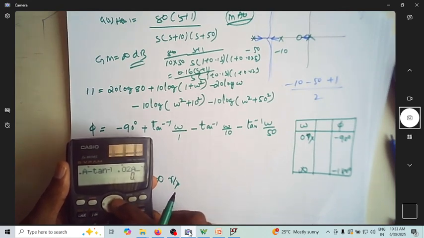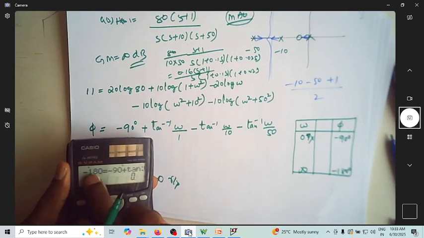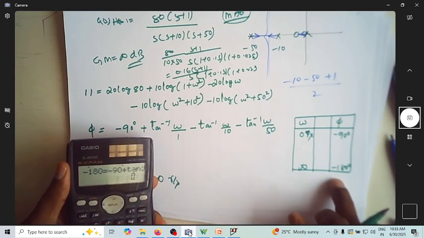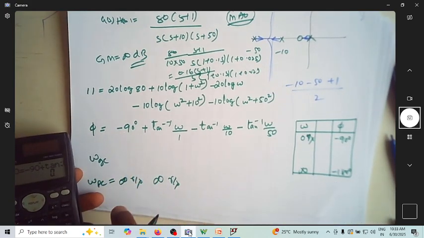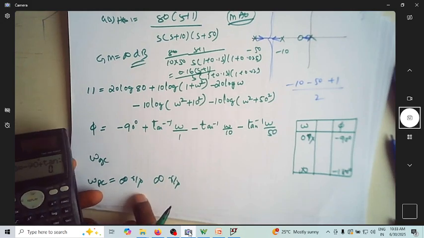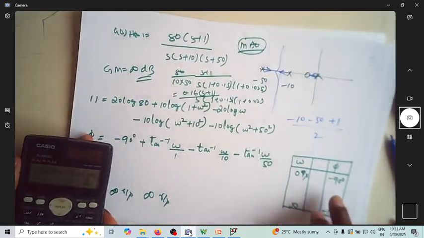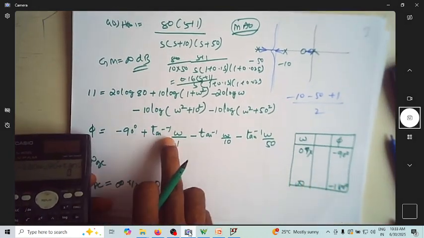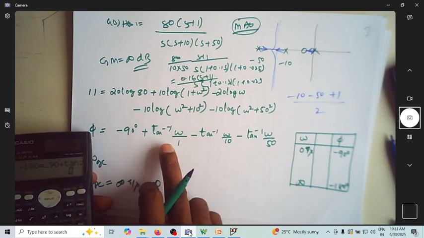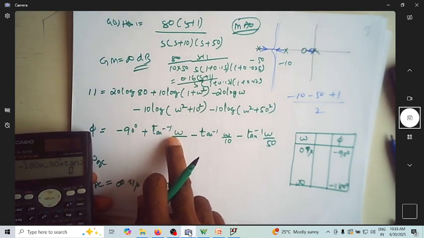So now, without actually solving this, you should not equate to minus 180. Whenever this is omega PC, expected is infinite. Of course, how to know that? We have to have some intuitive things. We know this trigonometrically: tan inverse of infinity is 90 degrees.